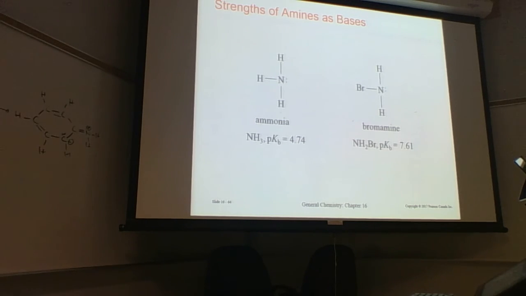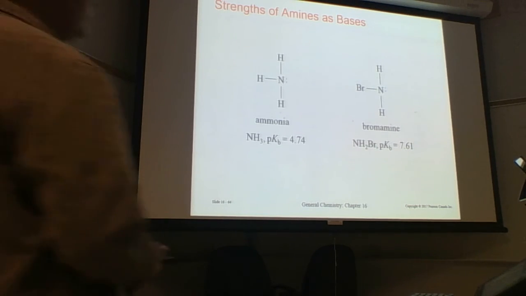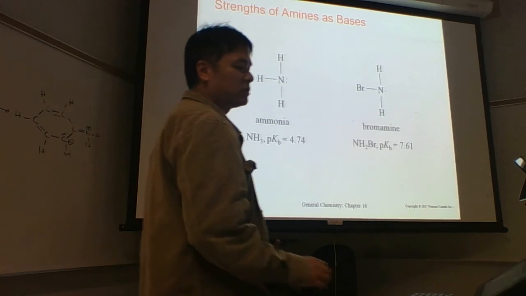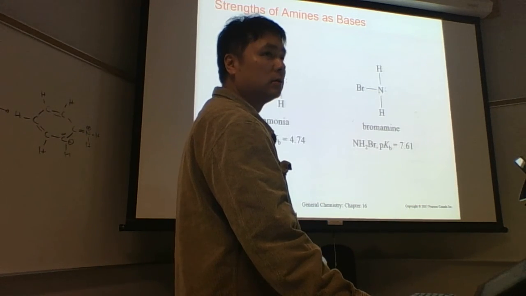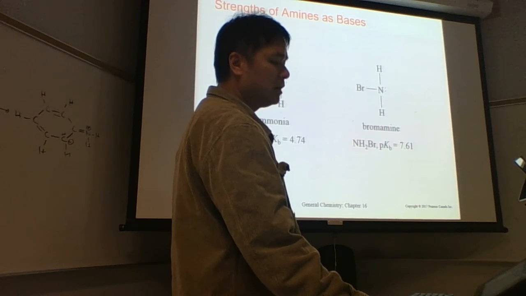Ammonia or bromamine? Okay, why is bromamine a stronger base? The bromine sucks all the electrons towards itself. Yeah, bromine's much more electronegative than hydrogen. It's going to suck electron density away from the nitrogen. Correct? What about the numbers?